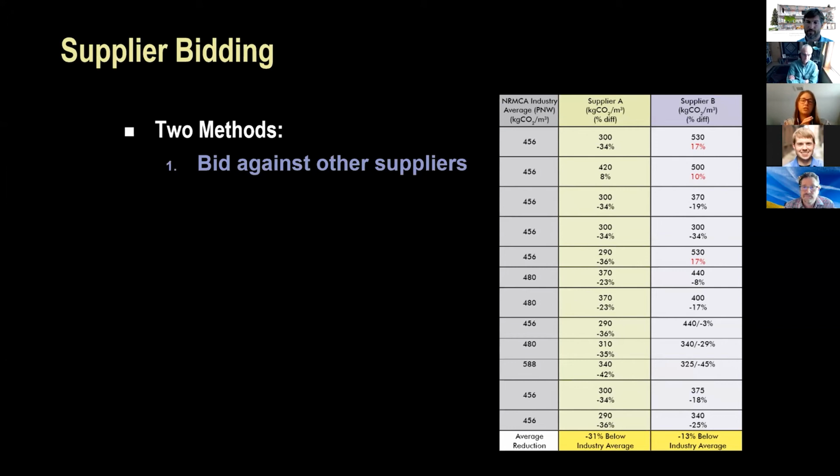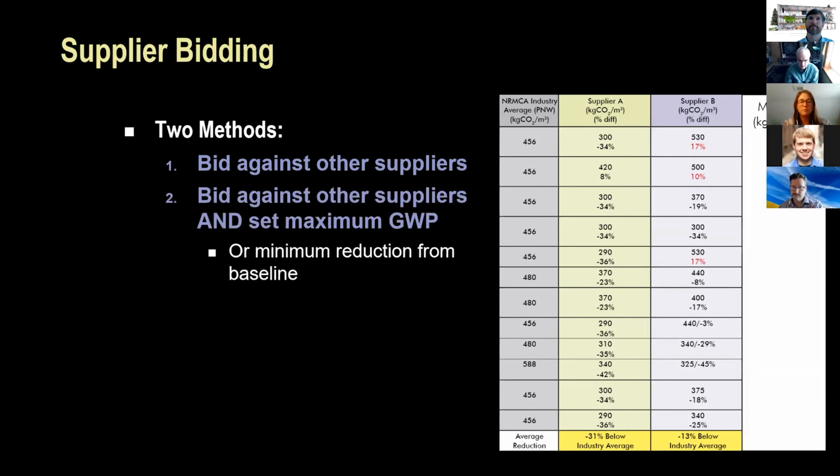So essentially what we're trying to do is compete one supplier against the other by saying, you're both going to have to submit GWP, so of course you want to get better than your competitor, because that's one of the things we're going to consider during the award process. Another method is to do that, but then also to set a maximum GWP, or to specify a reduction from a baseline that concrete must achieve.